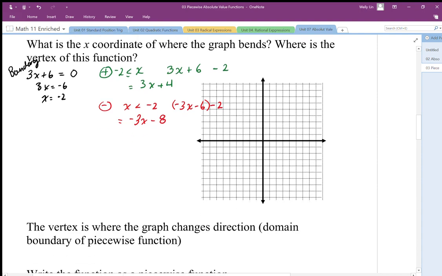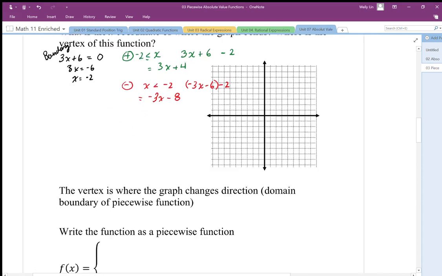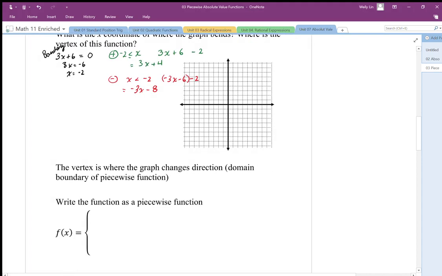So writing this as a piecewise function, we need to write the positive and negative domains. It's going to be 3x plus 4 for the domain greater than -2, so -2 to infinity.